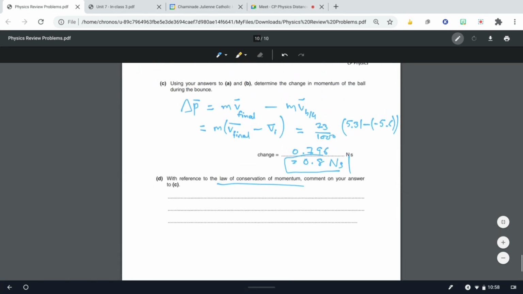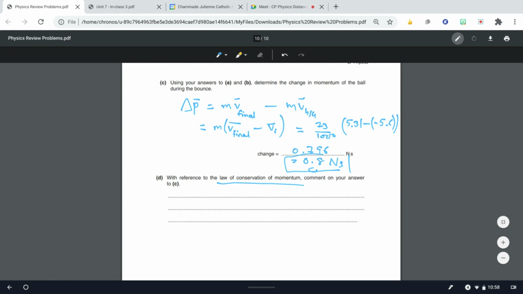So the loss in momentum by the steel ball was the gain in momentum by the steel plate. And that's your answer.